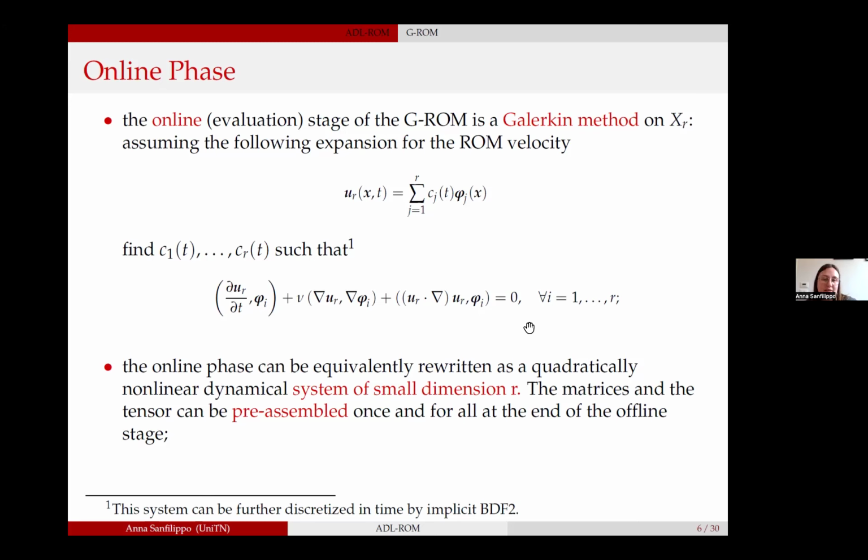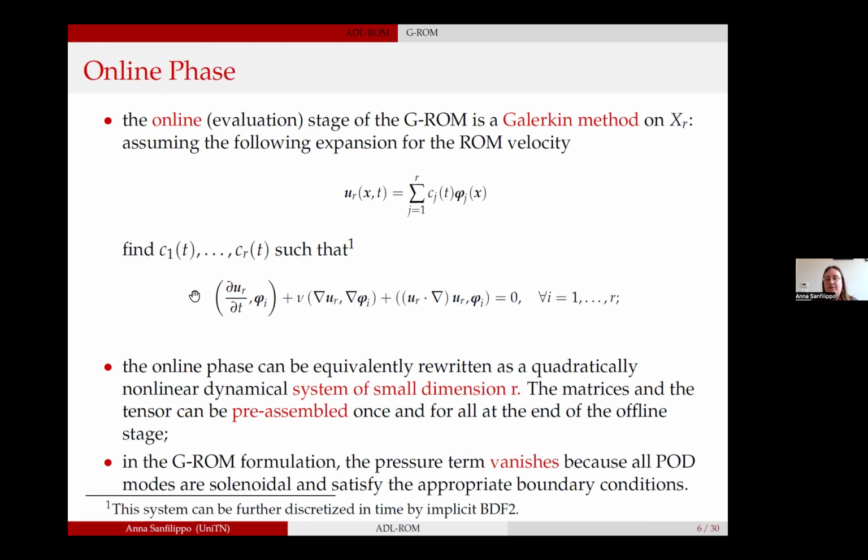Another difference between this formulation and the finite element formulation is that we don't have the pressure anymore. This is because by construction, all the POD modes are solenoidal and satisfy the appropriate boundary conditions we chose at the beginning. And so we can neglect the pressure.